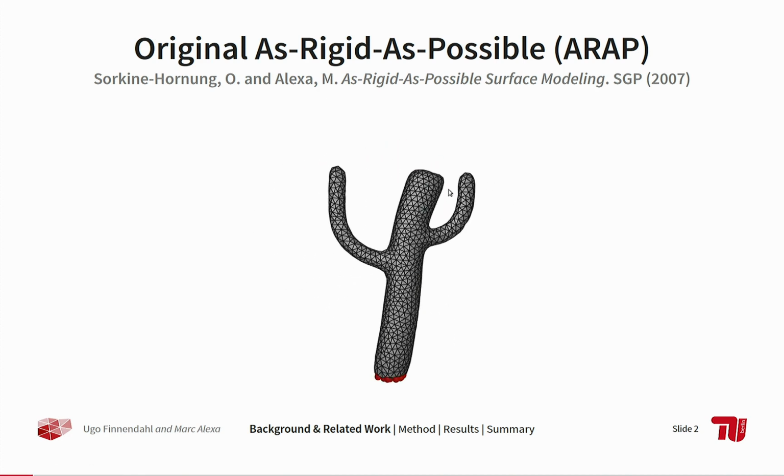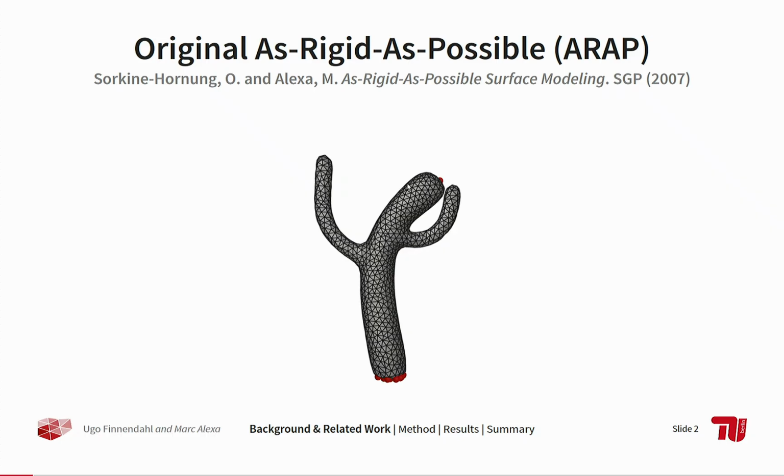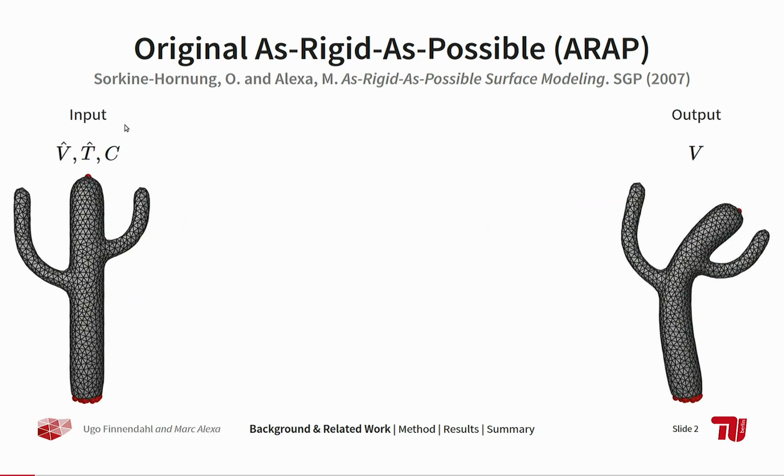We see that the mesh deforms as rigid as possible. So we have as input vertices and triangles and some constraints colored in red, and we search for the optimal positions V using the same triangulation while fulfilling the constraints. This is done using energy minimization. So we find the optimal V by minimizing the energy under the given constraints.